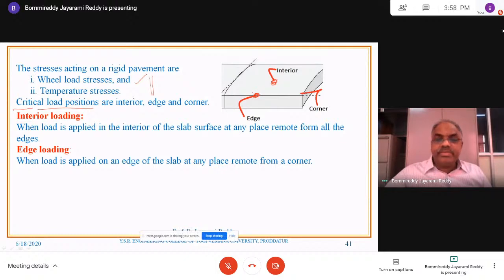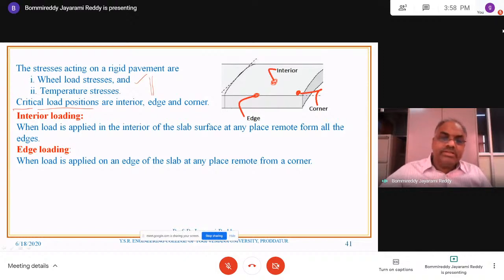Then it is called another critical position, the edge. So the stresses developed because of the wheel load at the edge are called edge stresses. And in another case, the wheel load may be at the corner of the slab.